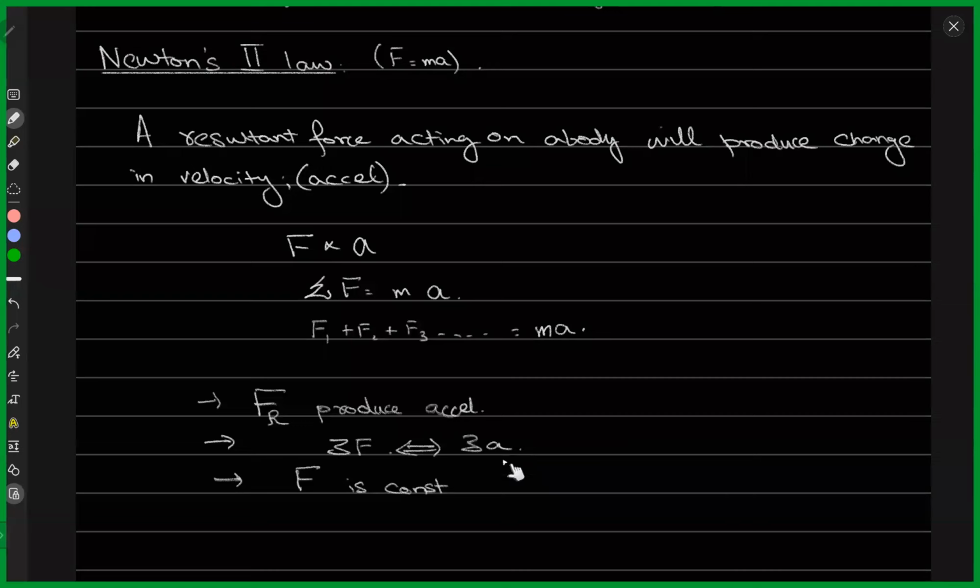So force is constant, mass is doubled. So mass becomes 2 times m. What would happen to acceleration? It will decrease. Anyone? Acceleration will decrease. Yeah, but can you give me a figure by how much? By 2 times, I think. Yeah, so it would become half of its initial value, right? So it would be 1 by 2a.